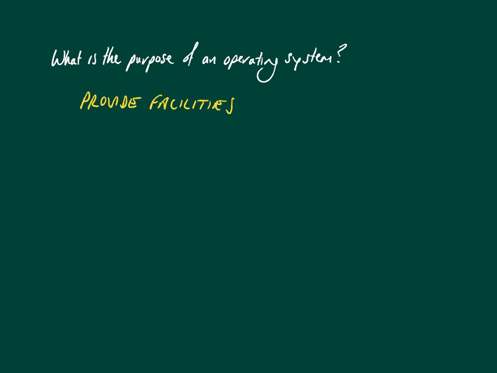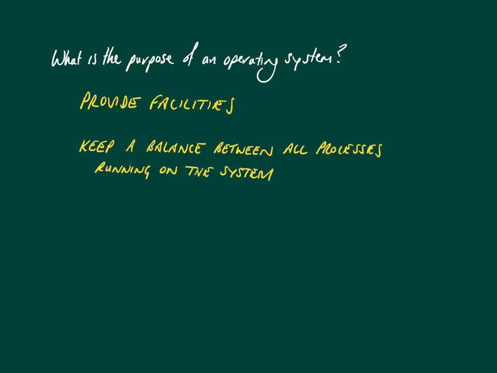And it does this through keeping a balance between all of the different processes that are running on the computer system and making it seem to the human user that multiple things are executing at the same time, where in fact it's just a very carefully controlled schedule using different processes in short, medium and long term scheduling, and employing interrupts to switch the CPU between one program and another.